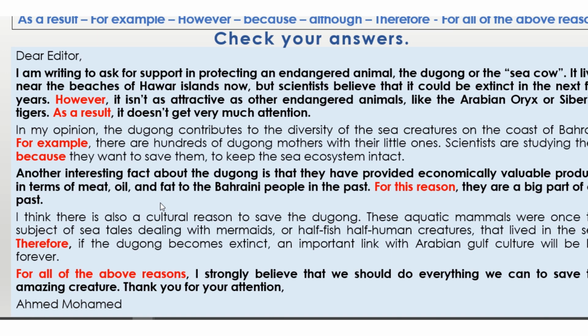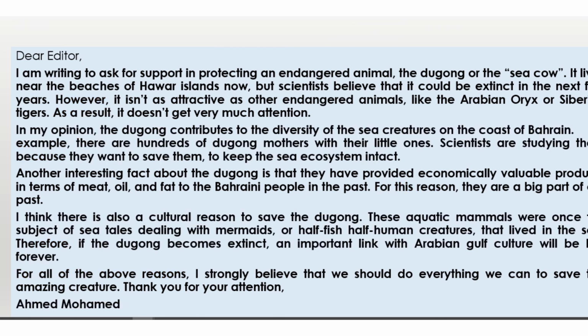Okay, here is another example. We talked about the axolotl and now about the sea cow or the dugong. Yeah, some people asked about a short letter, and here is one. Dear editor, I am writing to ask for support in protecting an endangered animal, the dugong or the sea cow.